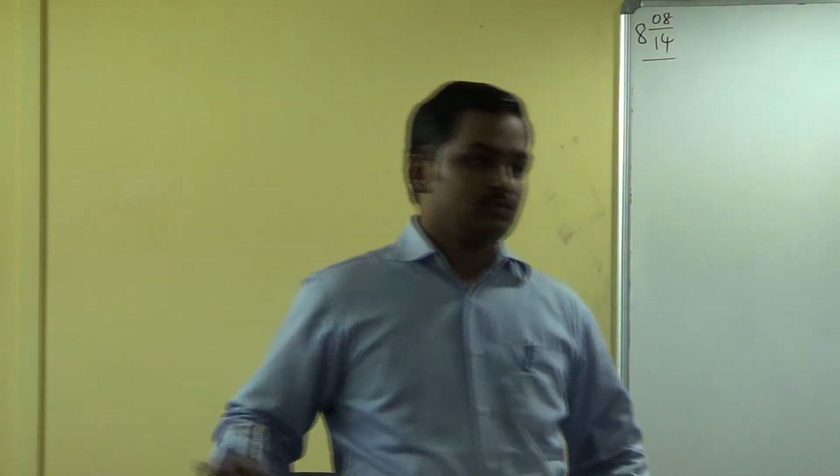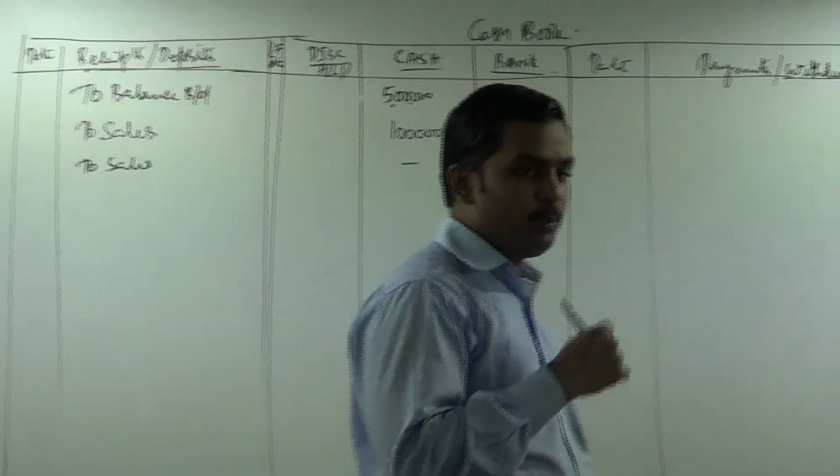Goods purchased for cash, 30,000 rupees. How do you record it? Is it a receipt or a payment?